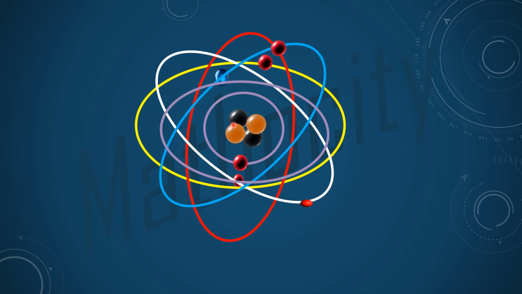There are various regions, shown with different colored lines. Electrons are moving in different regions around the nucleus. They are not moving in fixed paths. There are separate regions in which the electron is moving.